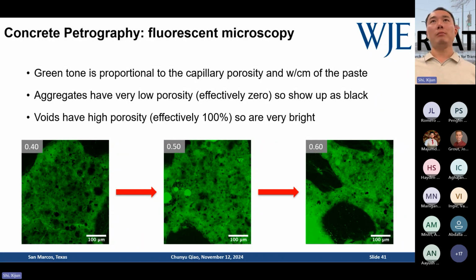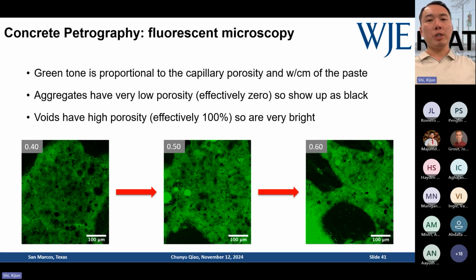So how do you evaluate the different fluorescence levels? Just like being darker or being brighter. So here you can see those three sample images I laid out over there. Those are three thin sections with the same thickness, and I used the same light condition to examine all three. You can see the 0.4, the fairly low water-cement ratio concrete, has a darker green color.